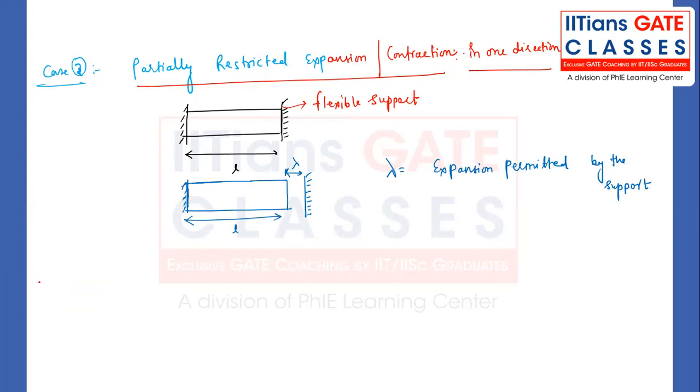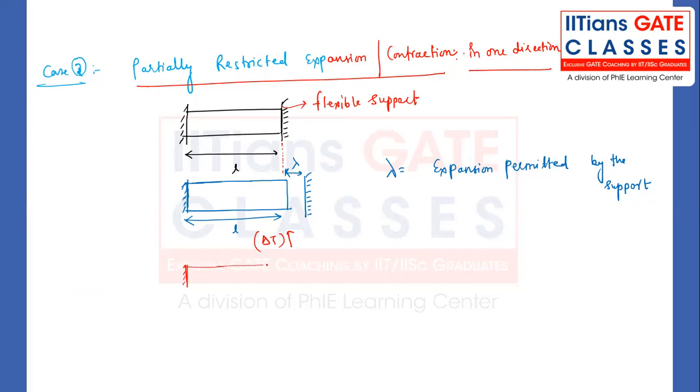Initially, what will we do? See, both the diagrams are related to case number 3 only. Flexible support means the support which can be displaced by the amount lambda as compared to the original conditions. Now just start increasing the temperature. When you start increasing the temperature, my dear friend, what will the material do? The material will try to expand.